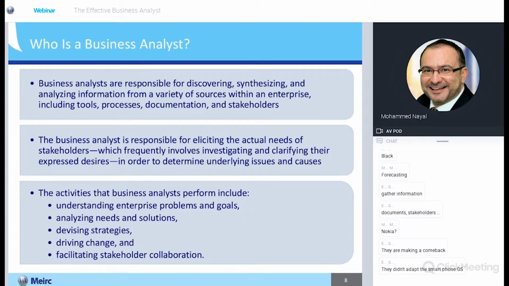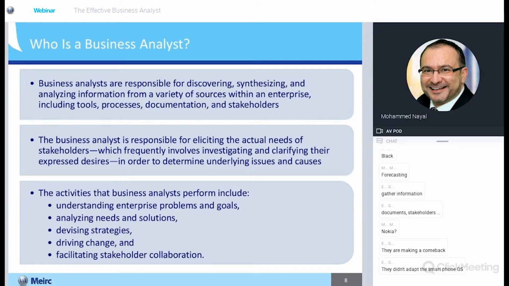They have to get clarity from people because people don't always know what they want and can't always describe what they want clearly. So the activities are understanding problems, goals, analyzing needs and solutions, devising strategies, and working with change, and also making sure that there is stakeholder collaboration.